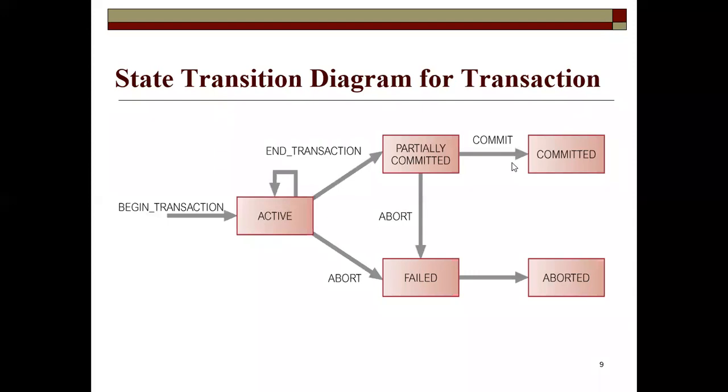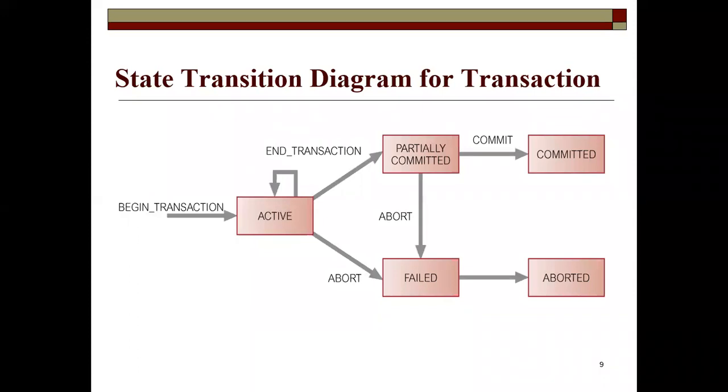Okay, so once we complete, that means we are moving from the active state. We have done all the steps. We end the transaction and move to the partially committed state. In the partially committed state, I would like us to bear in mind that most of the processing happens in RAM, okay? And we store our data in the main memory, which is the hard disk.